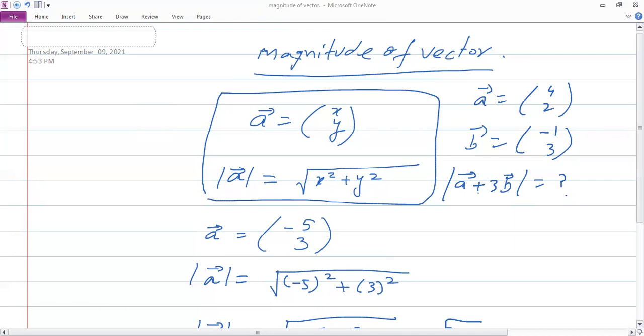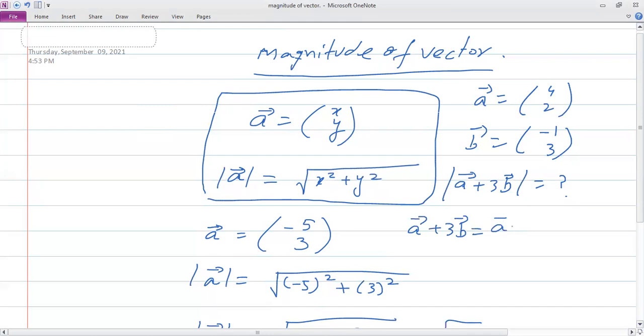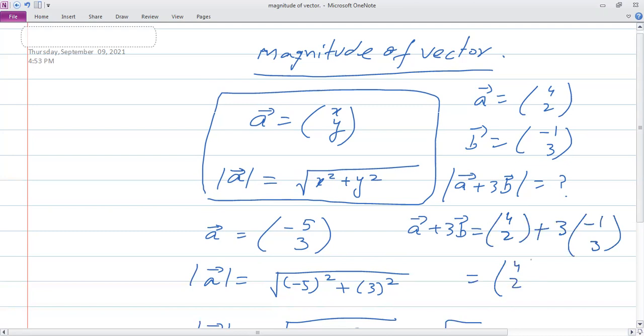Now, to find the magnitude of A plus 3B, you first need to find A plus 3B. What will be A plus 3B? Let's write. Vector A is 4, 2, plus 3 times vector B, which is minus 1, 3. So this will become 4, 2 plus, with the 3 multiplied, minus 3, 9.